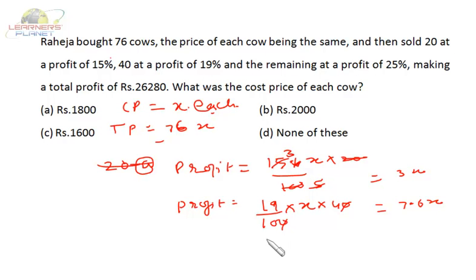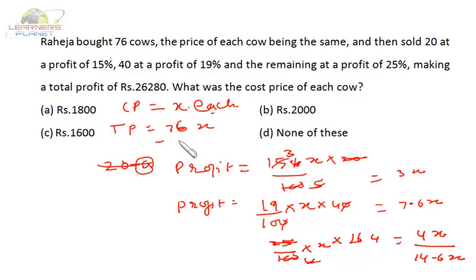That means remaining 16 cows he's selling at a profit of 25%. That is 25% of X per cow. And how many cows? Here 16 cows. So the total profit is 4X. So in all, 4 plus 3, 7 plus 7.6, that is 14.6X is the total profit.